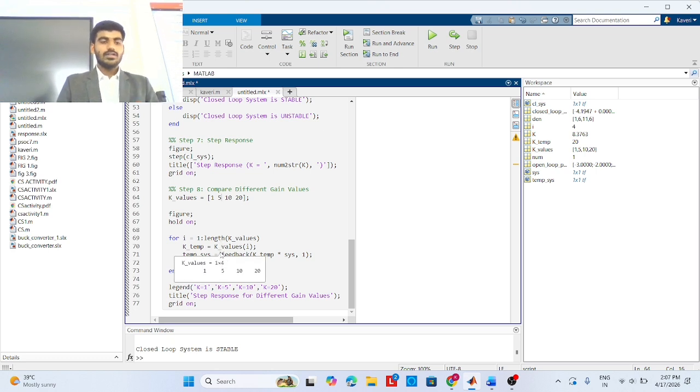Here I vary the gain value to study the steady state behavior, for i equal to 1 to length of k value. I use a loop to apply the different gain values and plot the response.